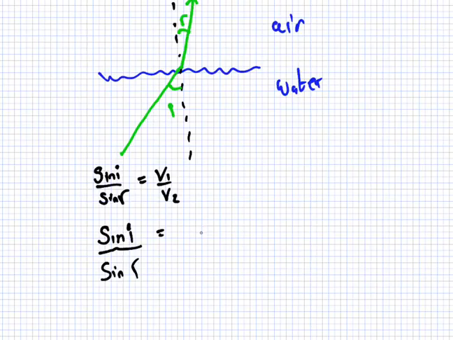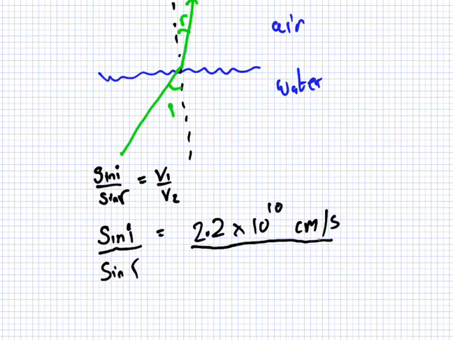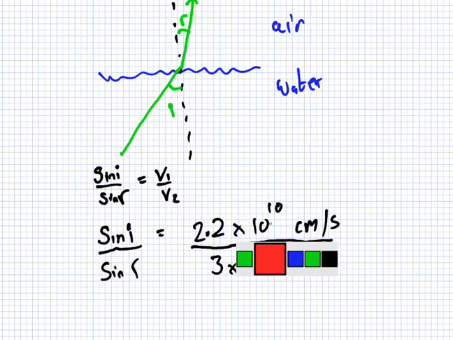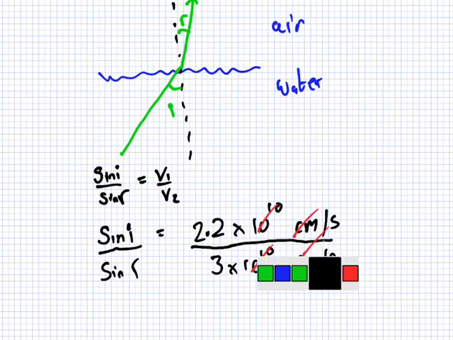The speed in the water. 2.2 centimeters per second. And then the other one? 3 times 10 to the power 10 centimeters a second, yeah? So that's nice because that means that this cancels.